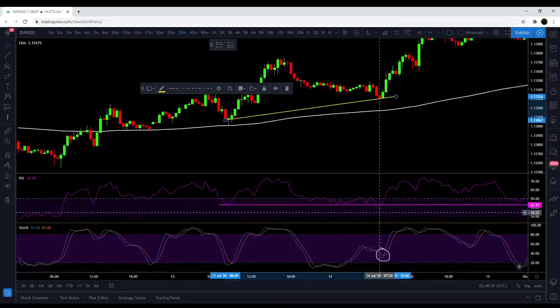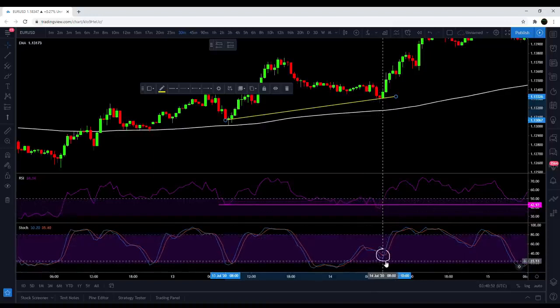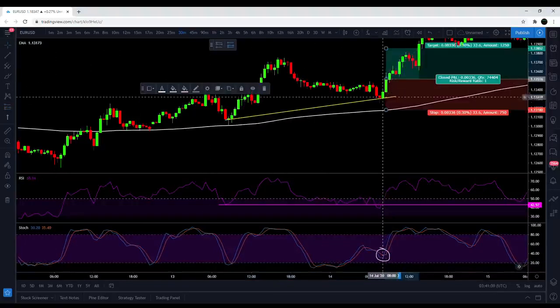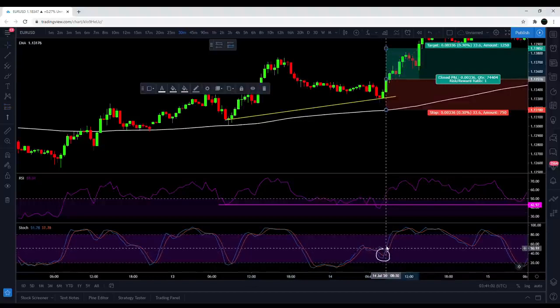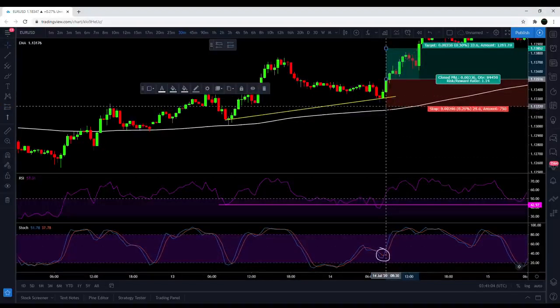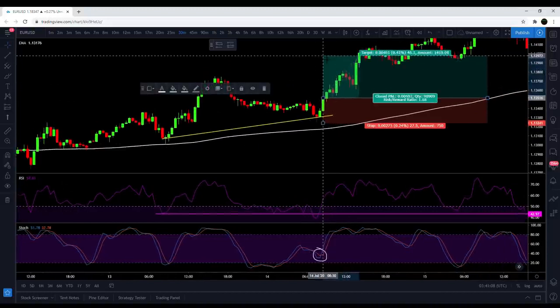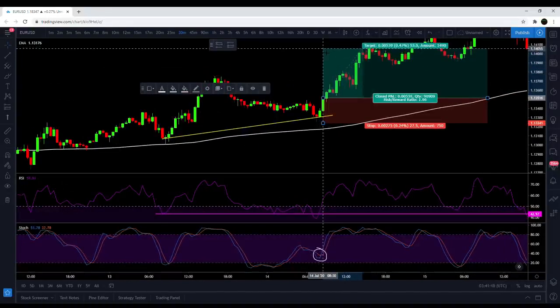So you're going to be looking for that next cross up on the stochastic for your entry for a long. And on this one, your entry is right here with that cross up on the stochastics. Stop loss right below that nearest swing low, and targeting 2 times the risk for the profit target once again.